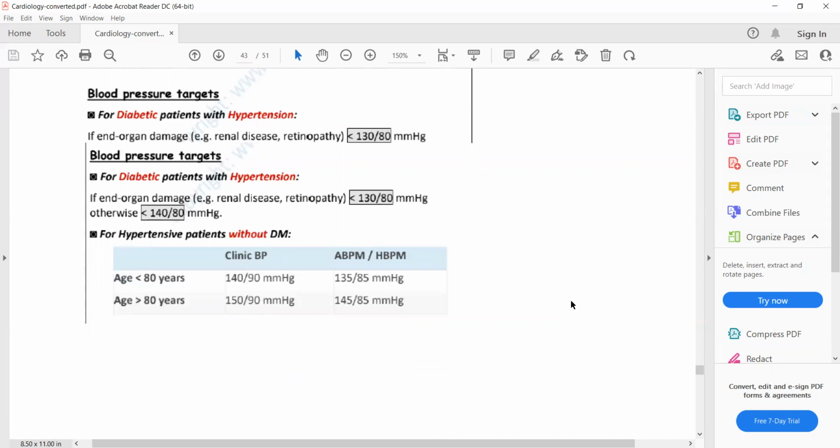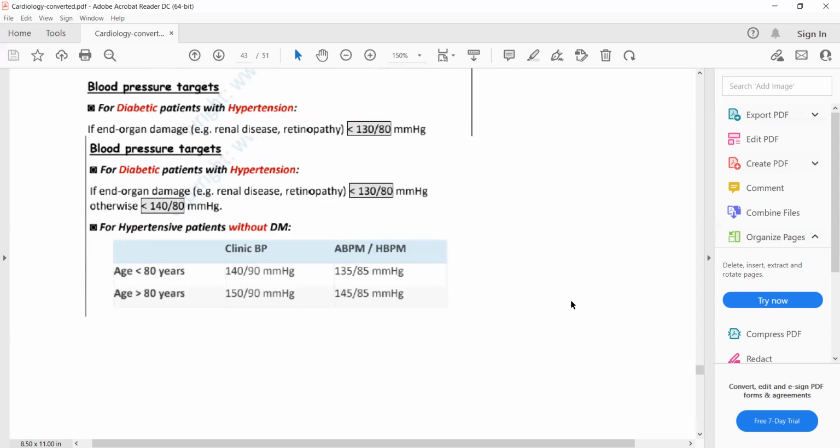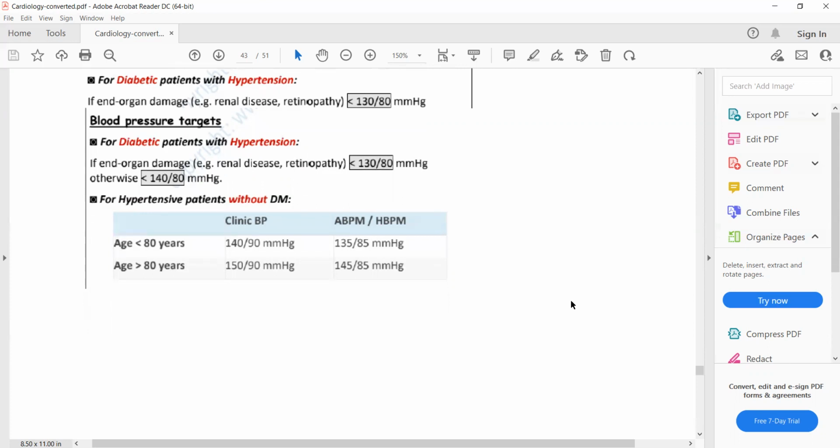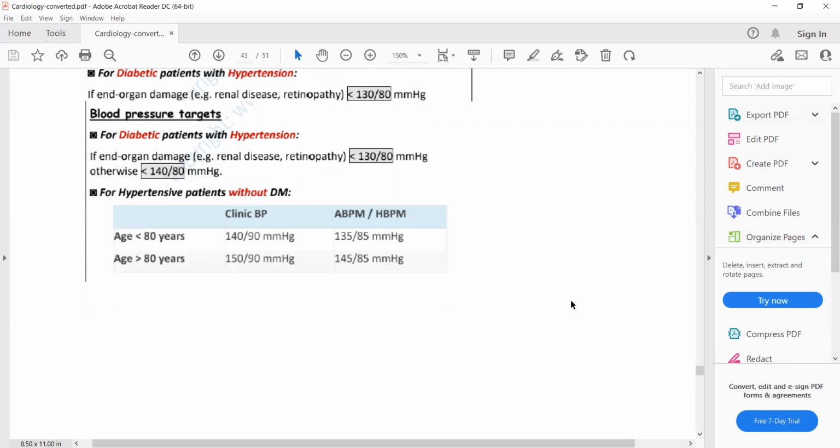So in a diabetic patient, if end organ damage is present, such as renal disease or retinopathy, then our target blood pressure will be less than 130/80. And if no end organ damage is present, then less than 140/80 will be our target blood pressure.